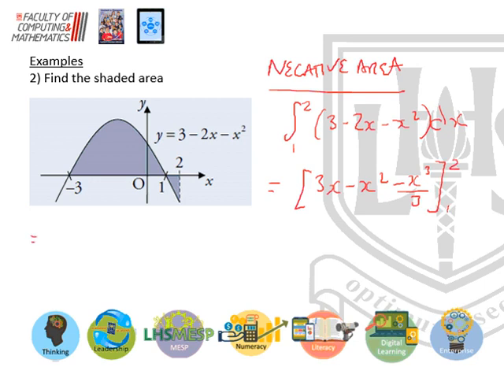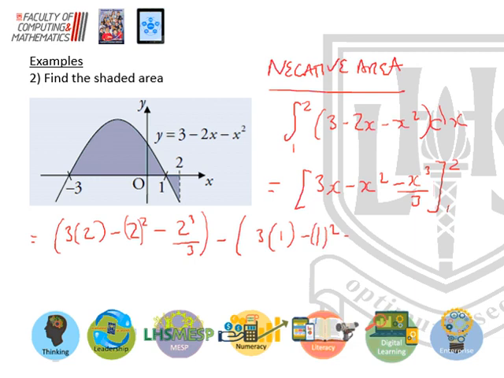So again, we sub in our limits. So firstly, it's going to be 2 substituted in for everything. And then we're taking away the same thing, but for 1. And we know what to expect. We should be getting a negative answer because it's below the x-axis.